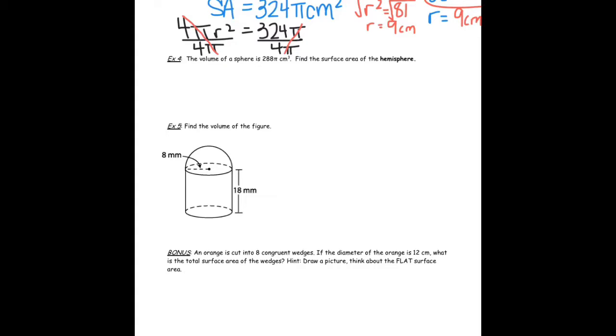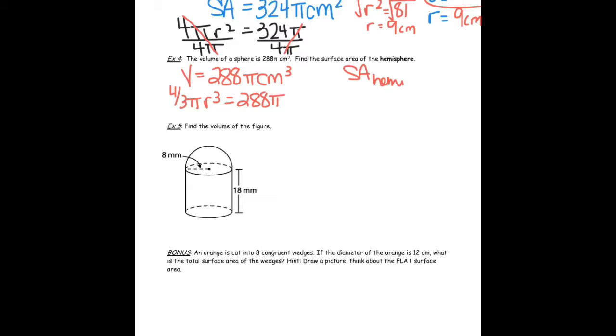All right, here's another one. The volume of a sphere is 288 pi centimeters cubed. I have to find the surface area of a hemisphere. Same measurements. Okay. So volume, 4/3 pi r cubed equals 288 pi.